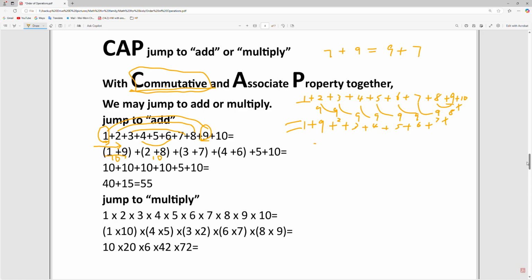Okay, now the associative property allows you to group them together. So after you have the same situation, you try the commutative property again and again. So let me do it this way.